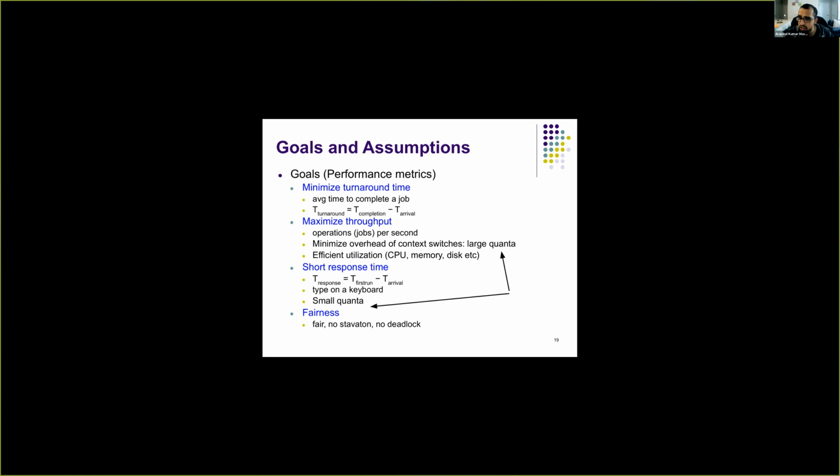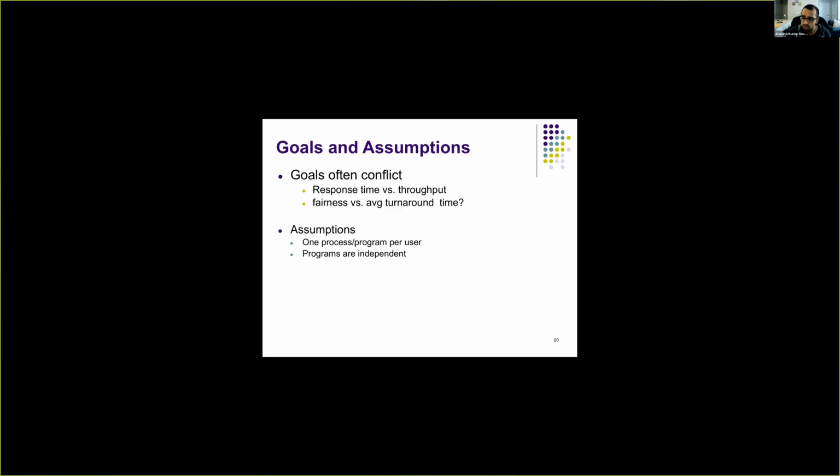That gives rise to short response time. However, if we have a fine-grained timer, that actually decreases throughput, because now the operating system has to do the CPU context switch more times. So these are conflicting goals. Minimizing response time conflicts with maximizing throughput.